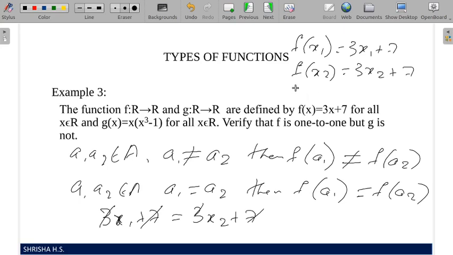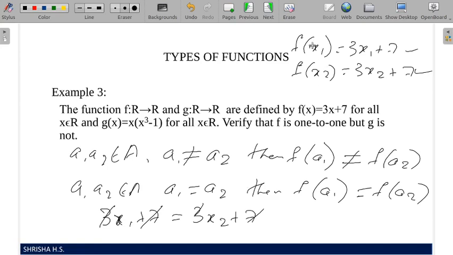We equated these two, so they will have the same image only when x1 and x2 are equal. If x1 and x2 values are different, then the images will also be different. So it suits our definition of a one-to-one function. That's why f is a one-to-one function.